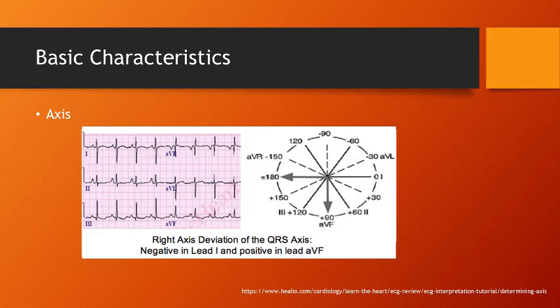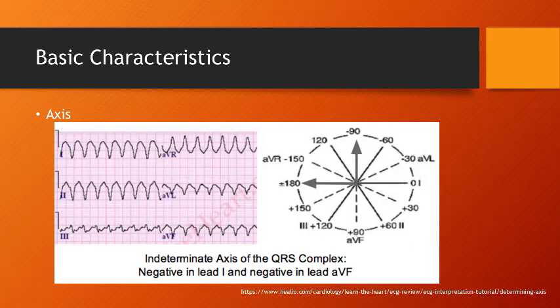In case of VTs, what we can usually see is a right superior axis deviation, which is also called an extreme axis deviation, indeterminate axis or northwest axis. It is very rarely seen in SVT and strongly suggests a VT. The QRS is downward, like you can see in this picture, negative in lead 1 and downward in lead aVF.